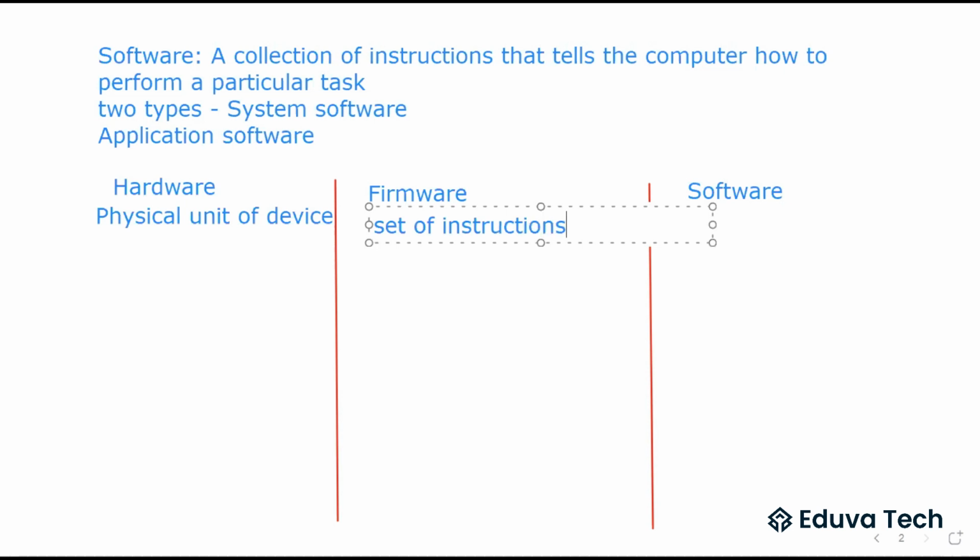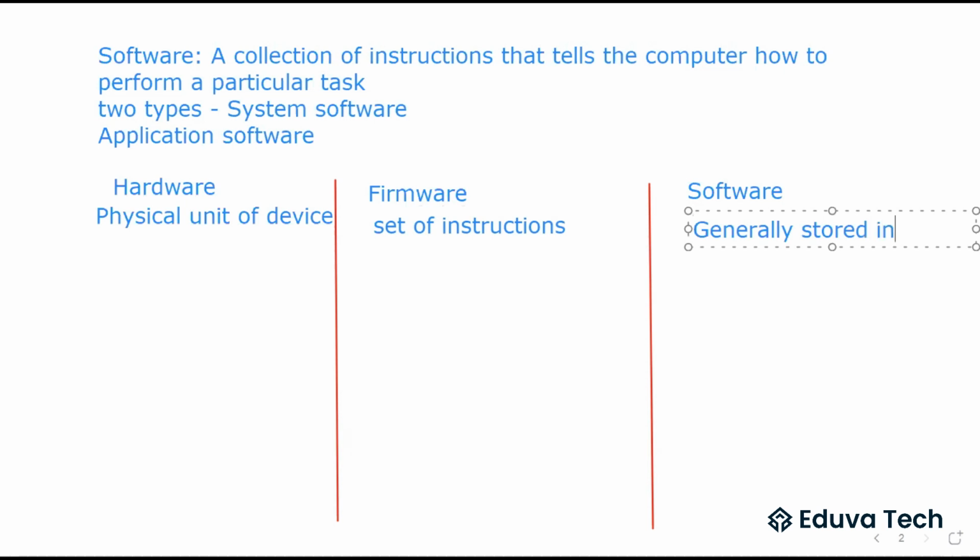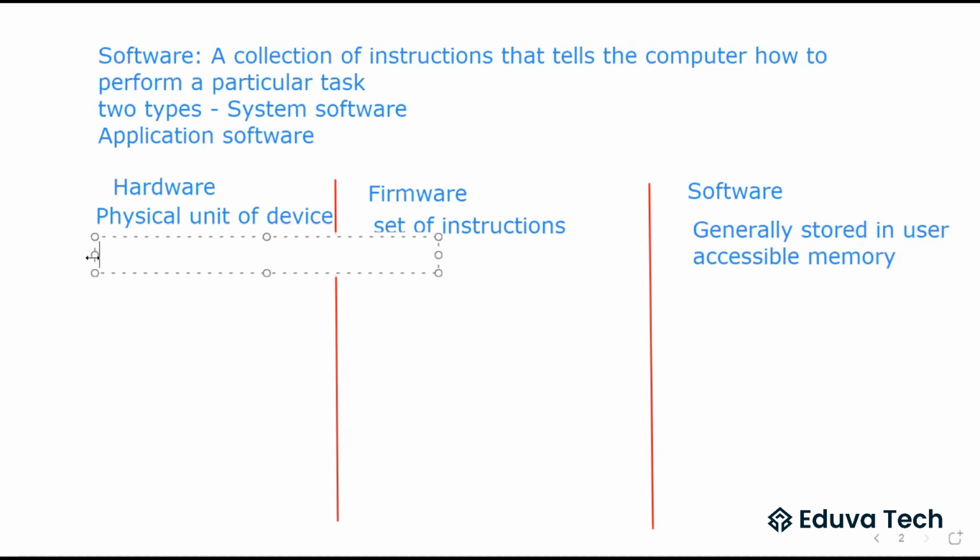Software is generally stored in user accessible memory. Third, hardware is a complete unit or device.